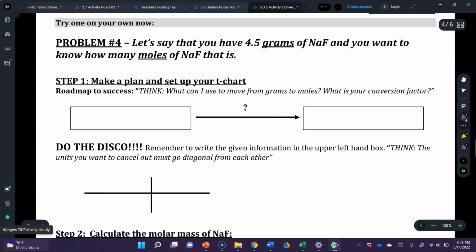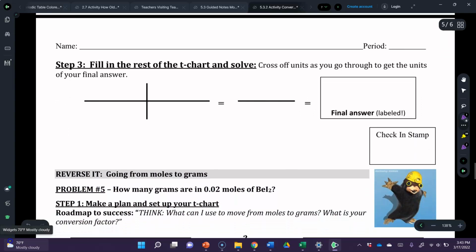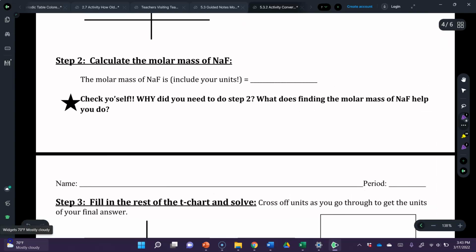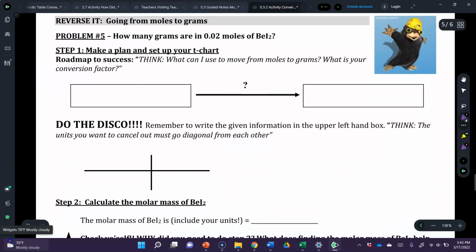Now we're going to try one more. We're going to skip this one, so make sure you answer the check yourselves. And I'm going to go to number 5 because number 4 is just like the one before it. So now we're going to go from moles to grams.